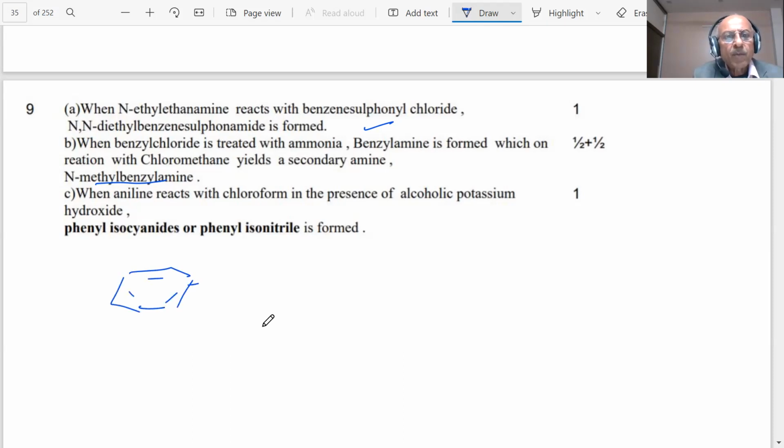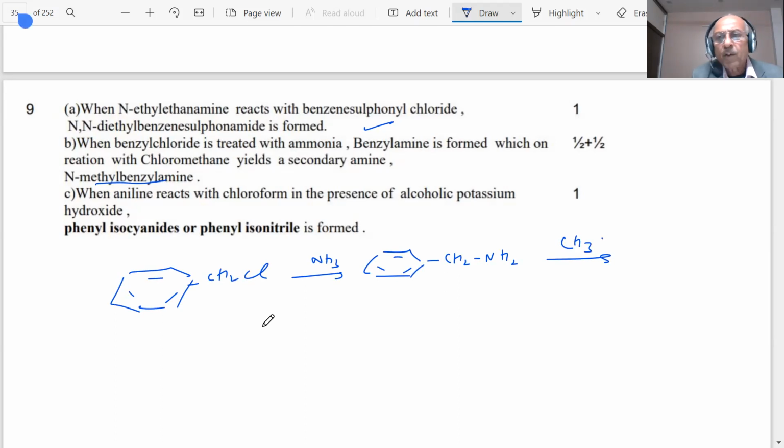When this is our benzyl chloride with ammonia, you are getting CH2NH2, and this is alkylation. CH3 when reacts with chloromethane. So alkylation. Only one.